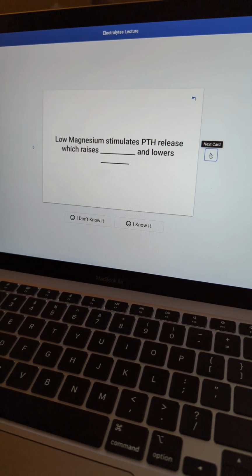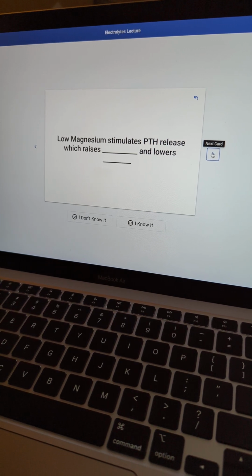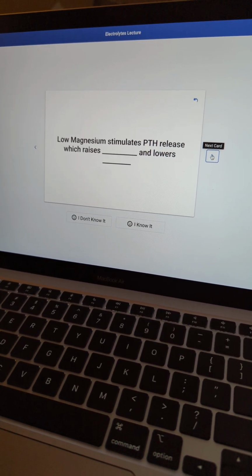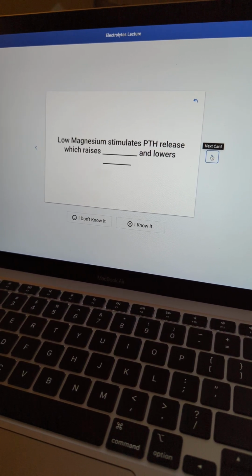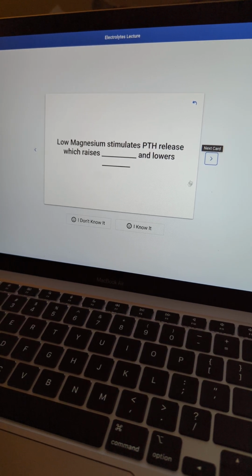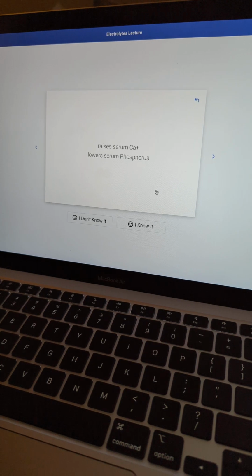Low magnesium stimulates, okay, hold on. This is in reference to our relationship between cal and mag being correlated. So low magnesium stimulates parathyroid hormone release, which raises calcium and lowers phosphorus.